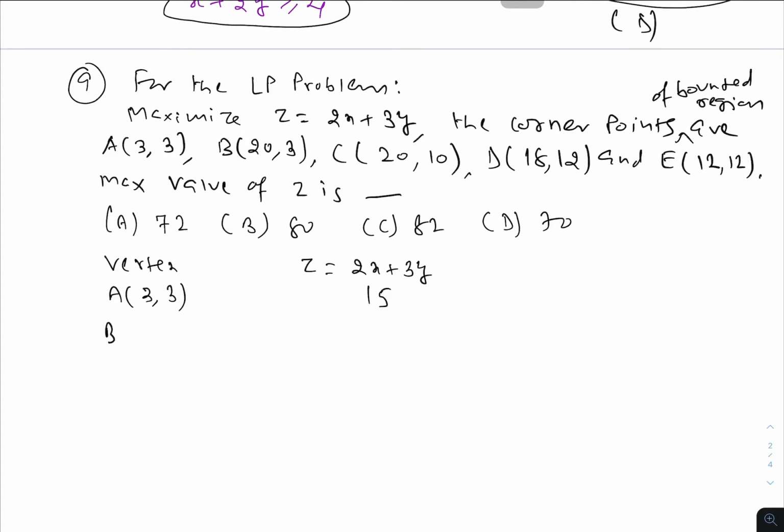Then (2, 3), so you will get 13. Then (20, 10), you will get 70.